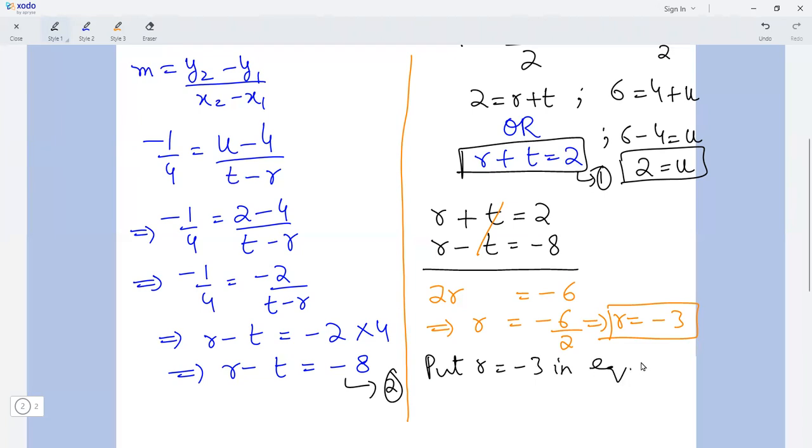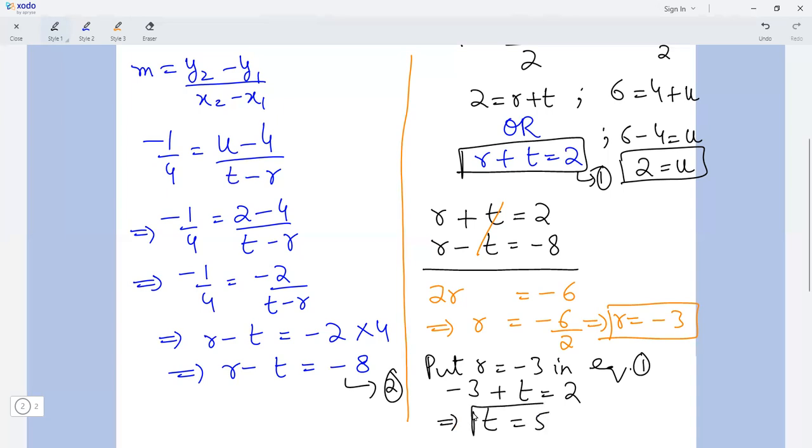Both will give us the same result. After putting r equals negative 3, it becomes minus 3 plus t equals 2. After bringing the 3 to the other side, it becomes positive. So 2 plus 3 will be 5.